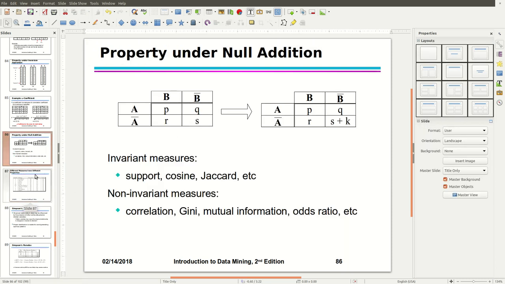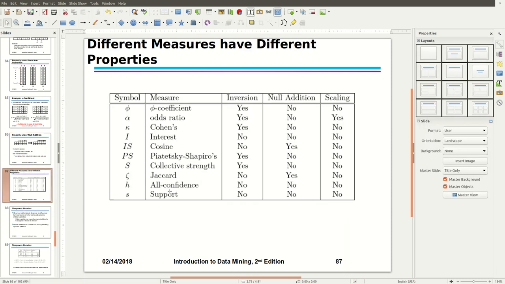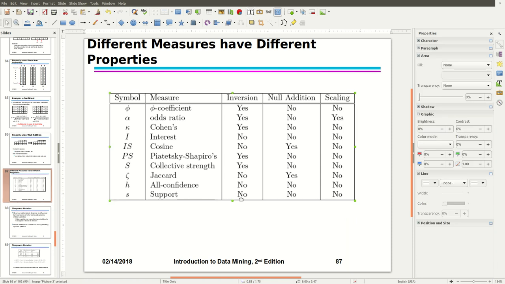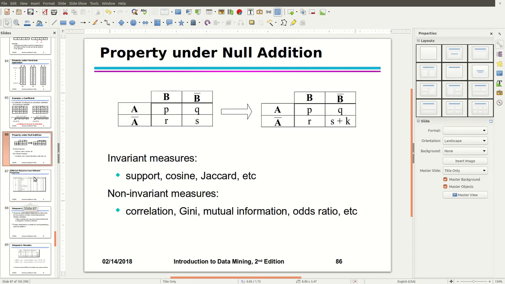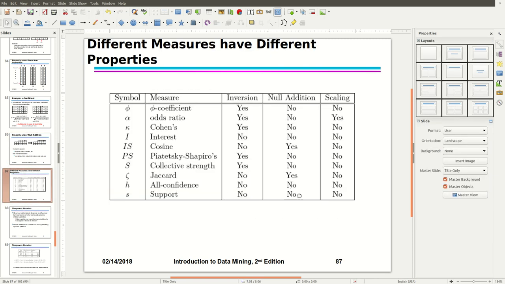So yes, support, do I have it? Support is invariant under null addition, right? So that is null addition, it is invariant. It is not sensitive. So this is how you can actually look at the sensitivity of different measures to different properties.